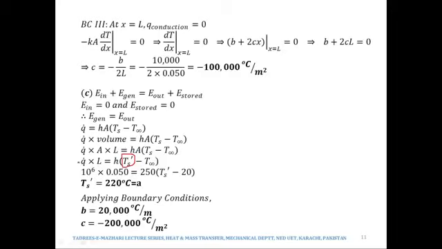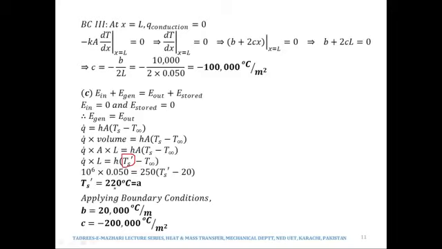So Q dot remains the same, so it is 1 exponent 6. The thickness of the wall is still 50 millimeters. h has been reduced to half, so instead of 500 it is now 250. Ts dash is the new unknown, T infinity remains the same at 20. So Ts dash is therefore 220 degrees Celsius.